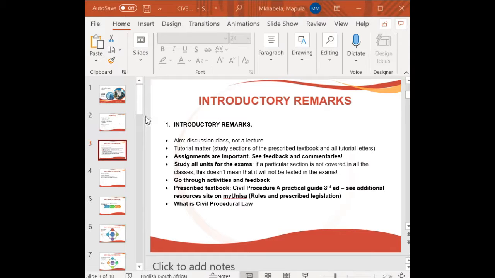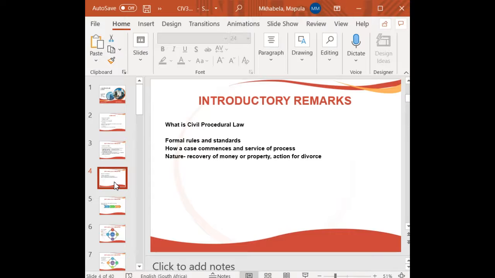What is civil procedure? Civil procedure in South Africa is the formal rules and standards that courts follow when adjudicating a civil court case, as opposed to procedures in criminal law matters.